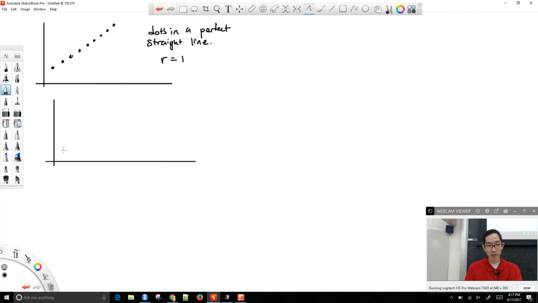Now you have a little bit of scatter. I'm just eyeballing this, but I would guess r is something like 0.95. A little bit of scatter, strong relationship.